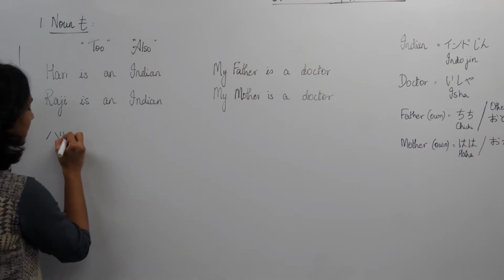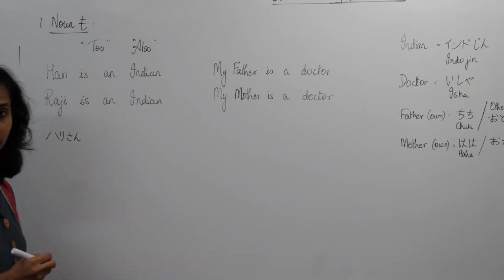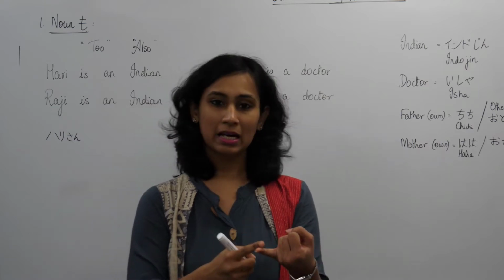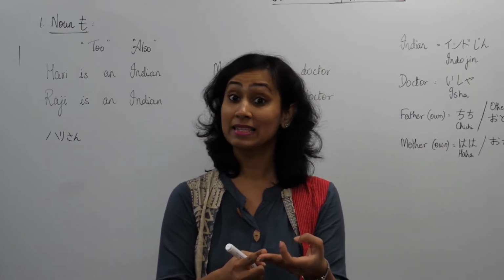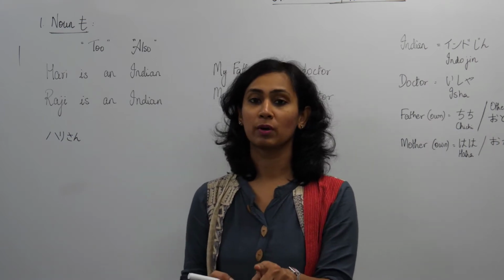In this case, I'm going to write the name suffix as san. Remember the other name suffixes we've just learnt? San, kun, chan, and sama also. Out of them, the most frequently used one is san.